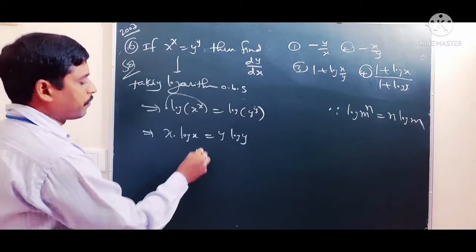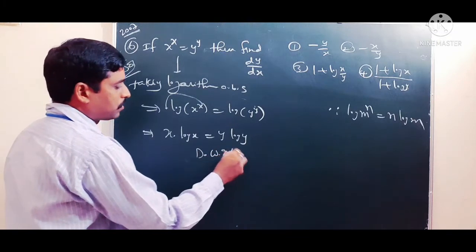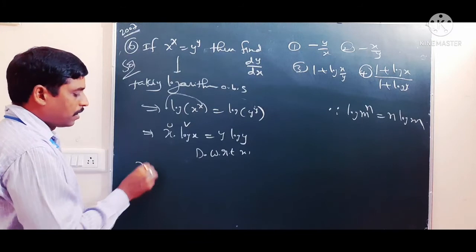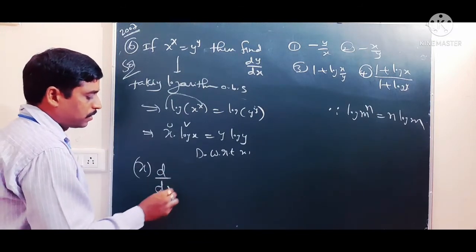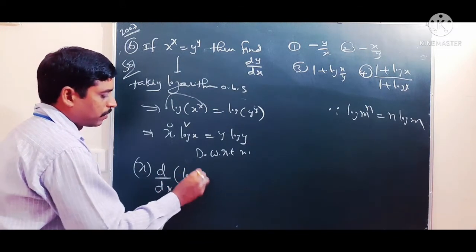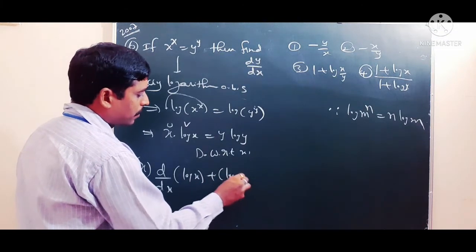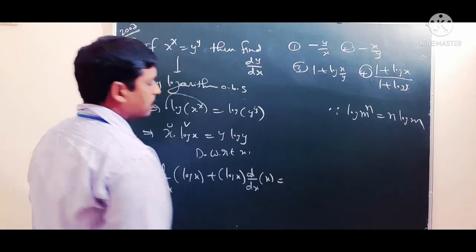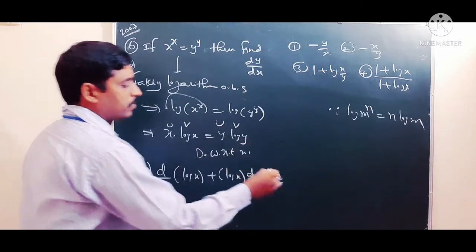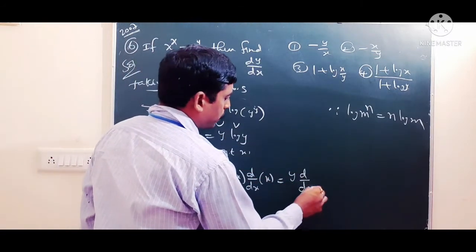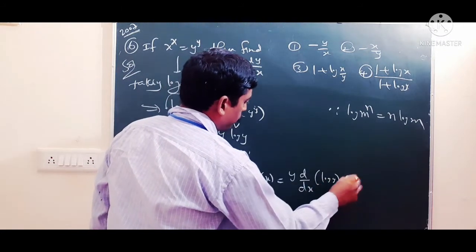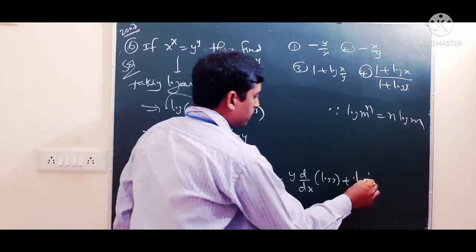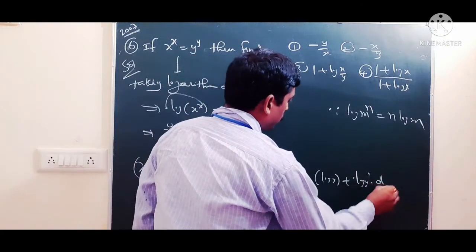Okay, so now applying derivative on both sides with respect to x. So by using the UV formula, x into d by dx of log x plus log x into d by dx of x. As well as on the right side also UV. So y into d by dx of log y plus log y into d by dx of y.